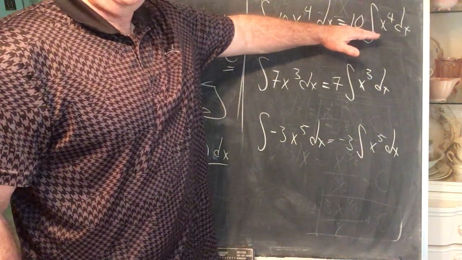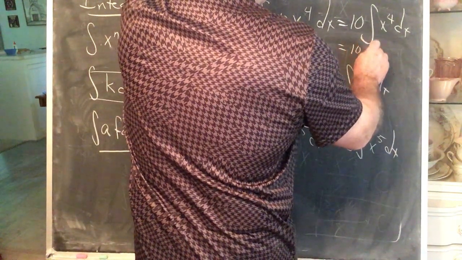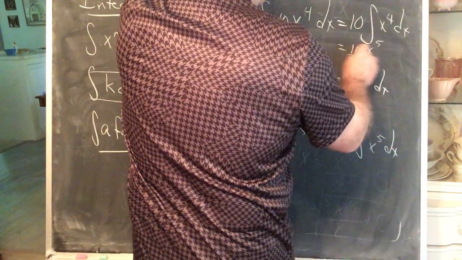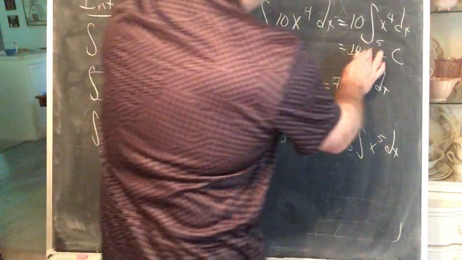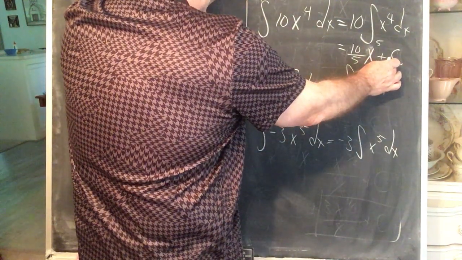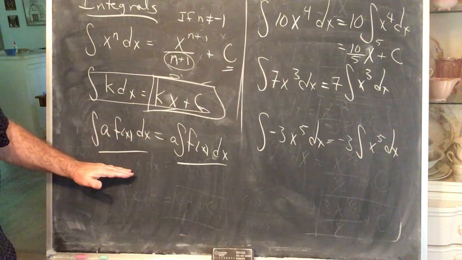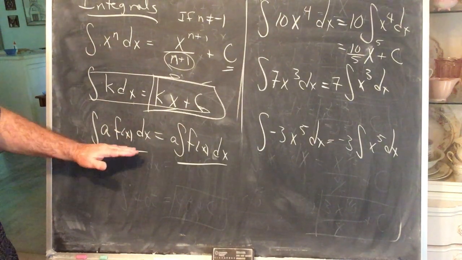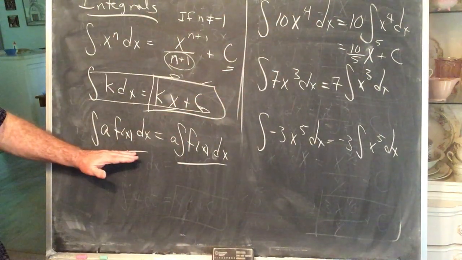If we were to take this the next step, then we would say this is 10 times x to the 5th divided by 5. Then you would add the constant of integration. Look at this x larger here. Now you include the constant of integration. But we have gone beyond what this property is actually telling us to do. To get from this step to this step, we applied this rule.